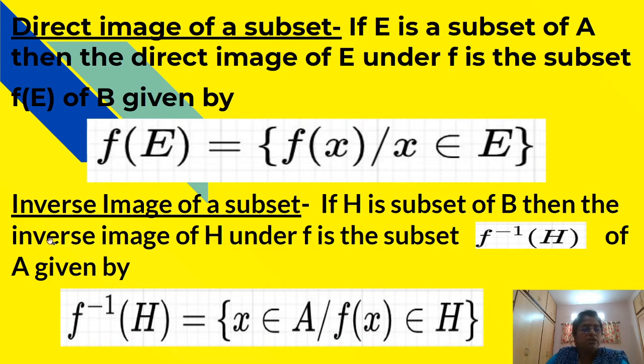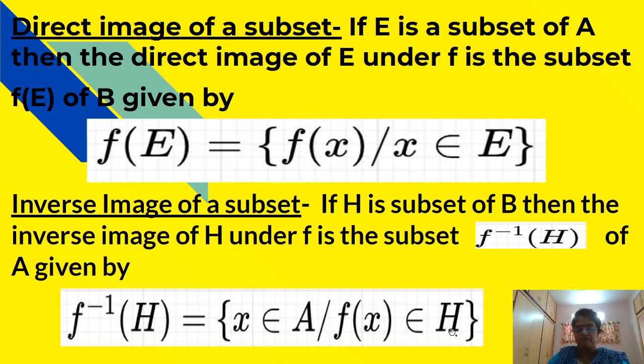Now see the meaning of inverse image of a subset. If H is a subset of B, then the inverse image of H under f is the subset f inverse of H of A given by f inverse of H is equal to {x belongs to A such that f of x belongs to H}.